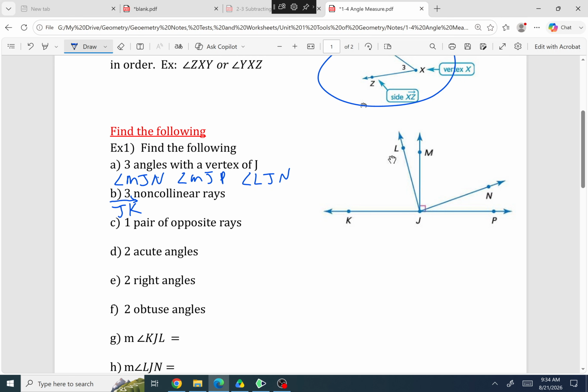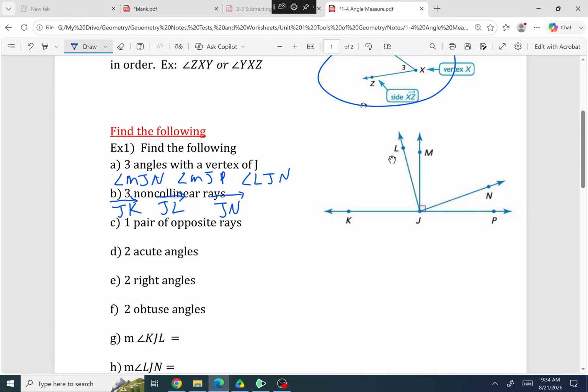No, because those are collinear. What else? You could say LJ, but let's go with JL, and it's okay if they have the same vertex, but they're not the same ray, right? And what else? You could say J what? JN, sure. And there's quite a few more, right?